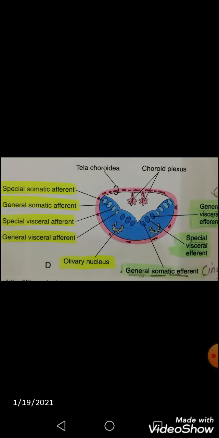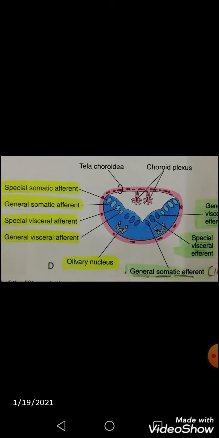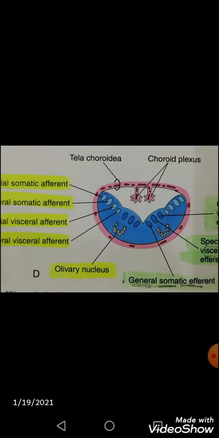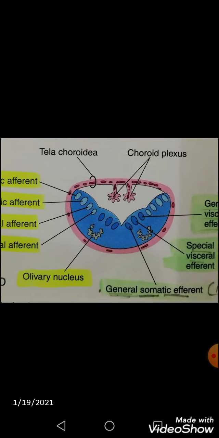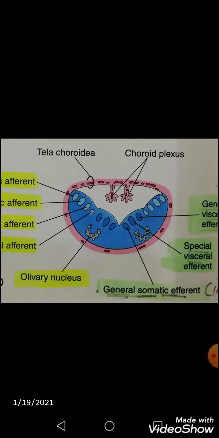But due to the extensive rearrangement, due to the embryological development and the expansion of the neural tube, the fourth ventricle is supposed to be formed, and you can see the lateral extensive spread of this fourth ventricle results in the alteration in the positioning of the alar and the basal plates.